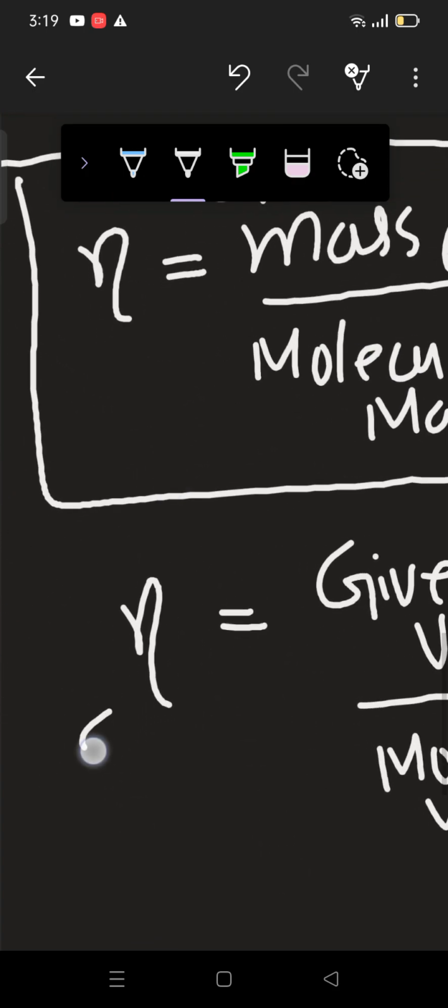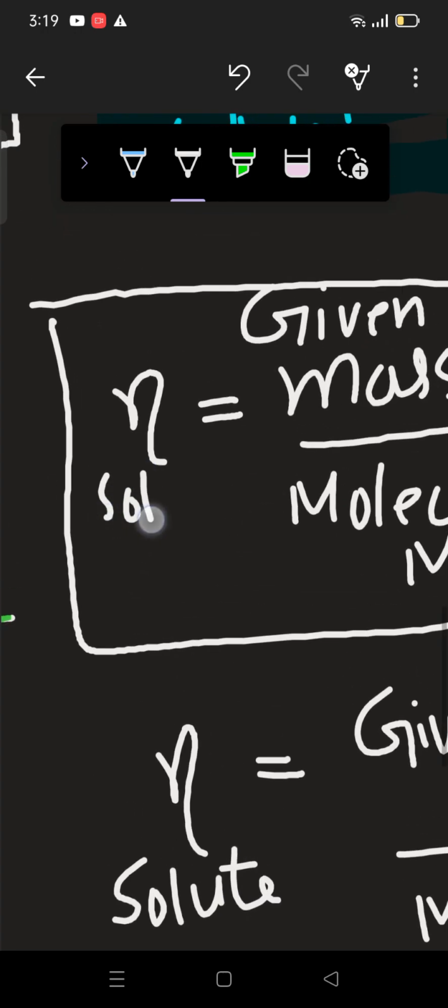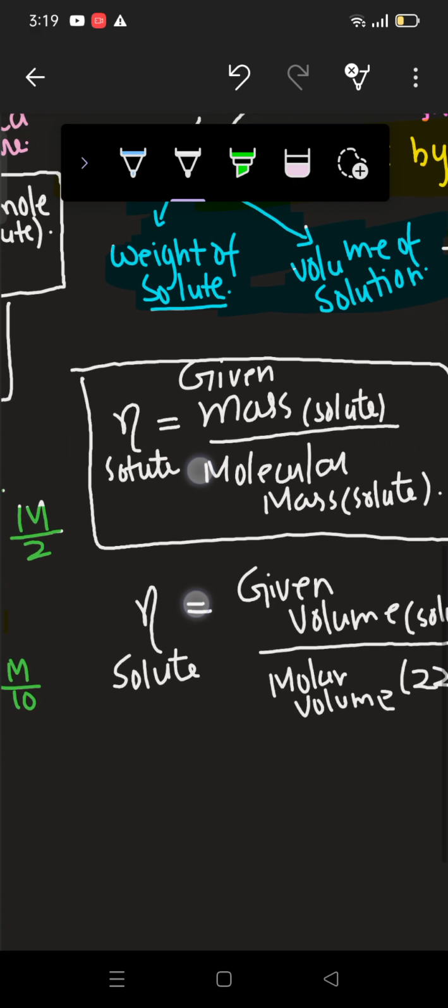So here we were finding the number of moles of solute. That's why we have taken given mass and given volume of solute only.